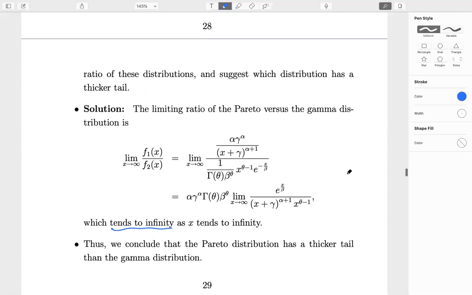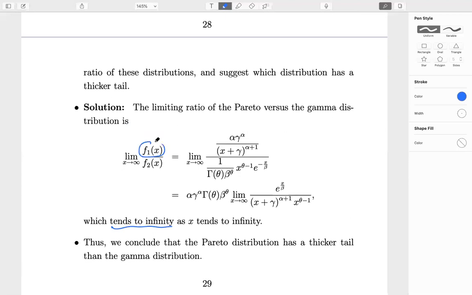the probability of Pareto, with the gamma distribution at the bottom, goes to infinity, which means Pareto is so much heavier than the gamma distribution.